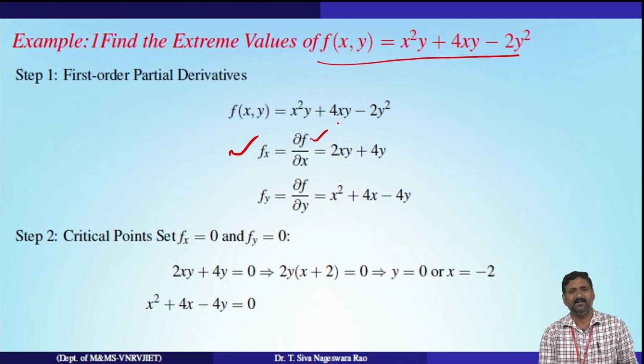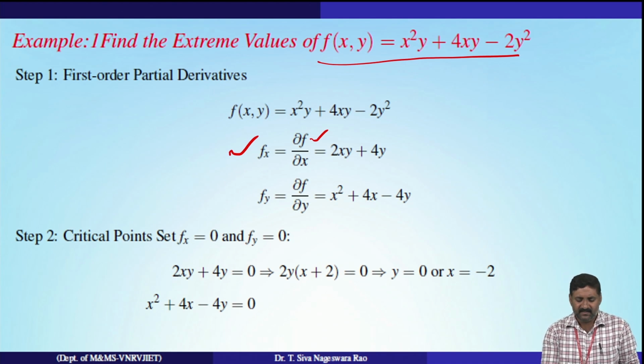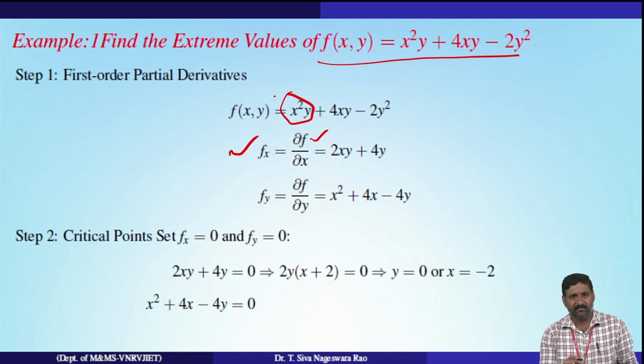One thing you need to remember: if you are applying partial derivative with respect to x, treat the remaining variable y as constant. So the derivative of x square y with respect to x: y is constant, the derivative of x square is 2x. Next, 4xy, partial derivative with respect to x: y is constant, 4 is constant, and the partial derivative of x with respect to x is 1.